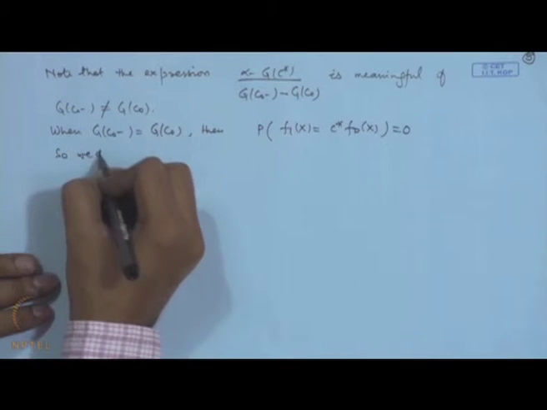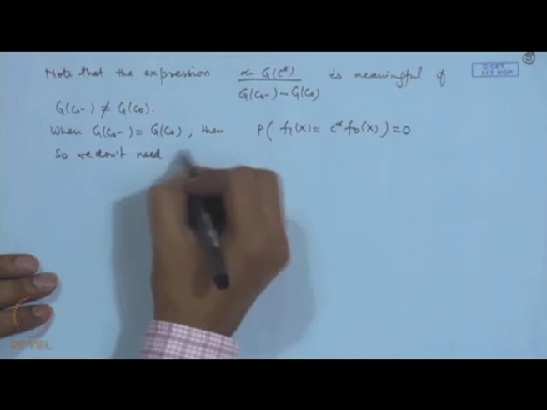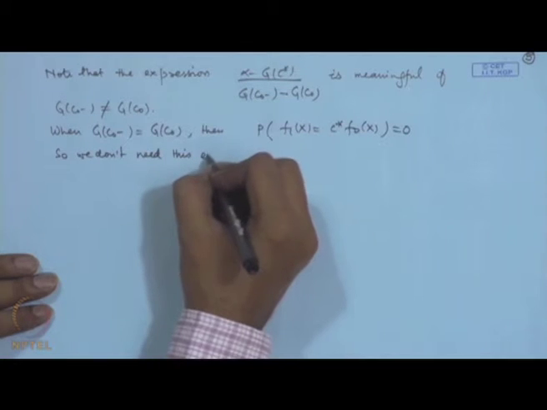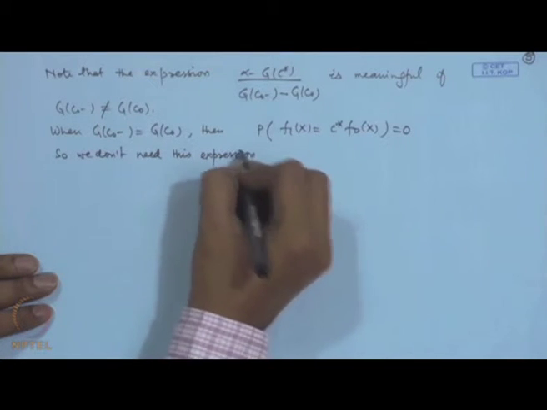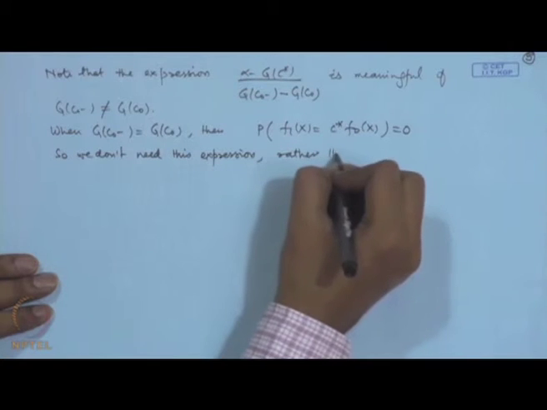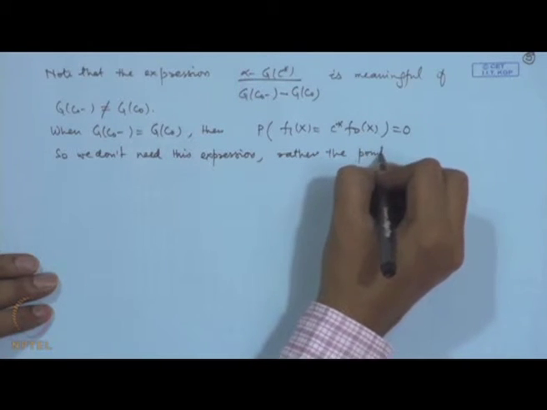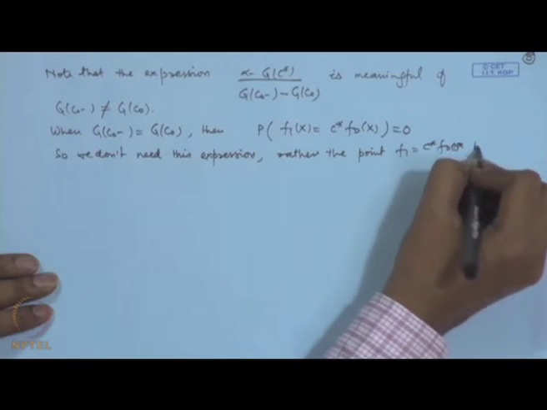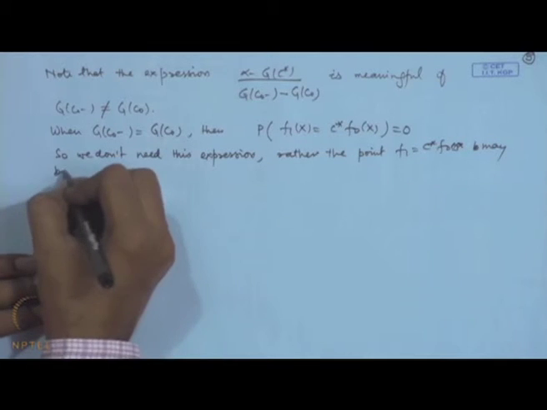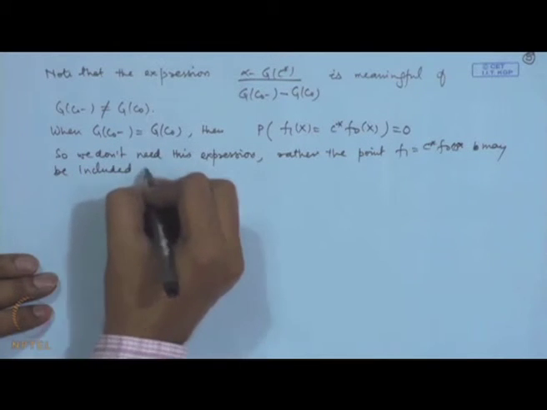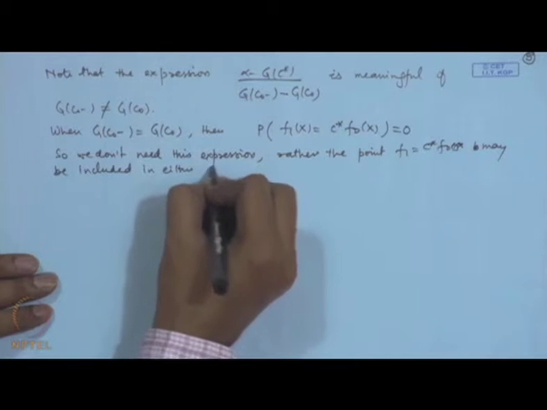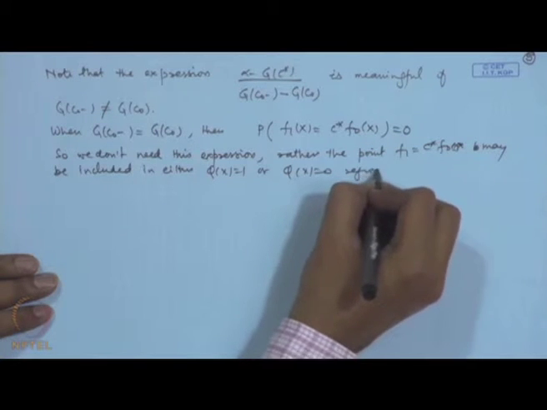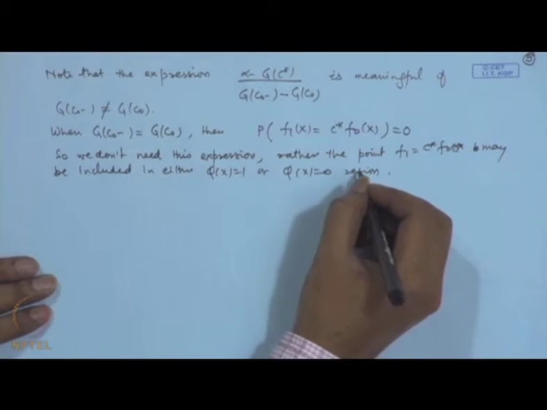So, we do not need this expression; rather, the point f1 equal to c star f naught may be included in either the phi(x) equal to 1 or phi(x) equal to 0 region, and in the continuous case it will not change the probability.